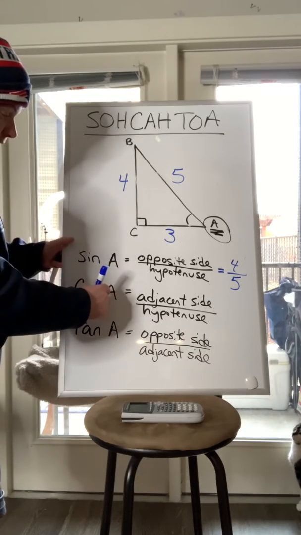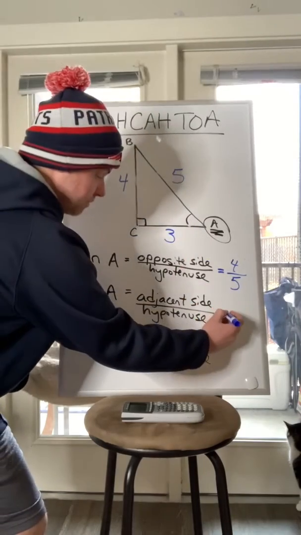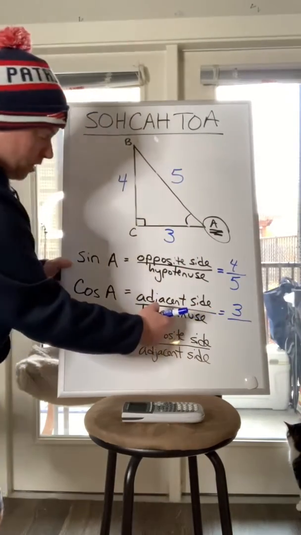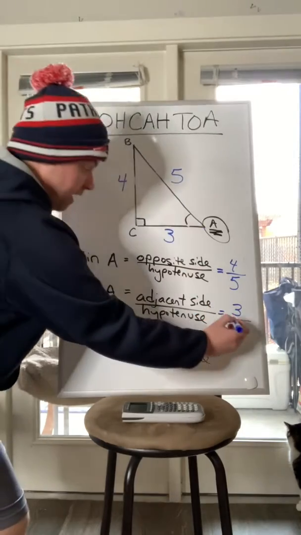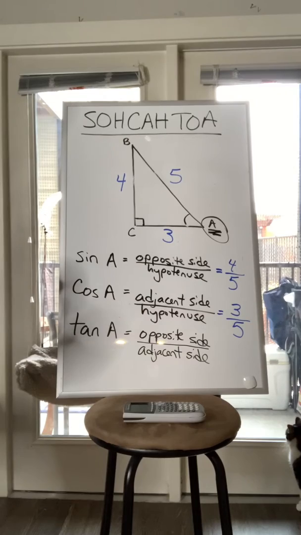The cosine of angle A would be the adjacent side, which is 3, over your hypotenuse, which is 5. Okay?